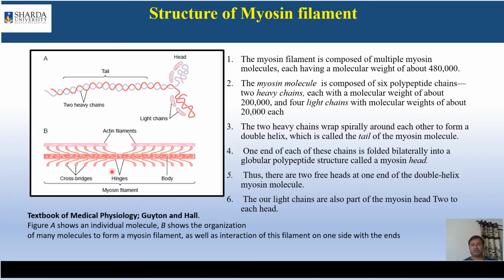Figure B shows the structure of the myosin filament. These myosin molecules form the myosin filament. The tails of the myosin molecules form the body of the myosin filament, while the head region forms the cross bridge and hinge region of the myosin filament.